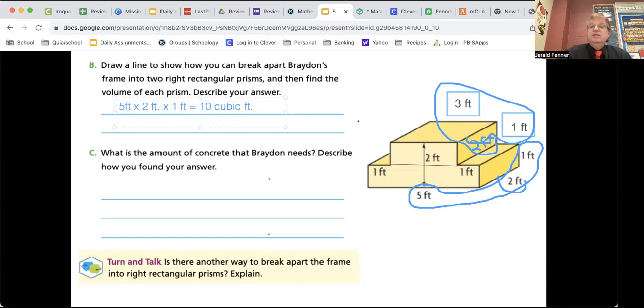The second one would be 3 feet times 2 feet times 1 foot, which would equal 6 cubic feet.